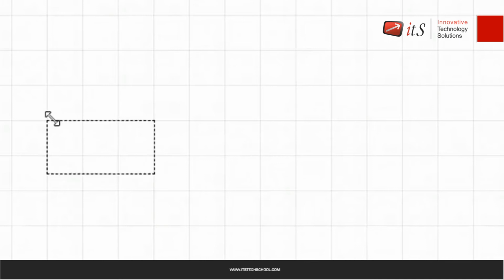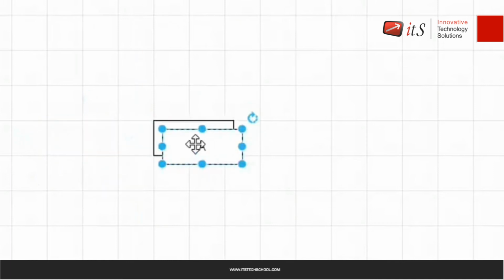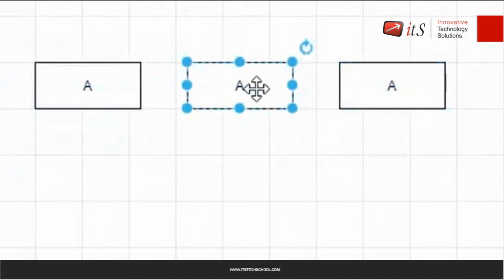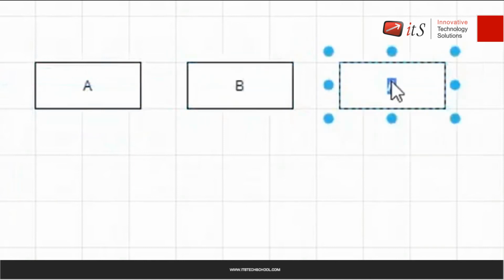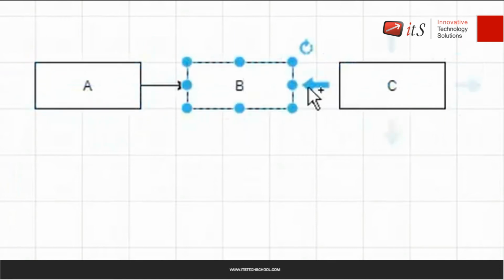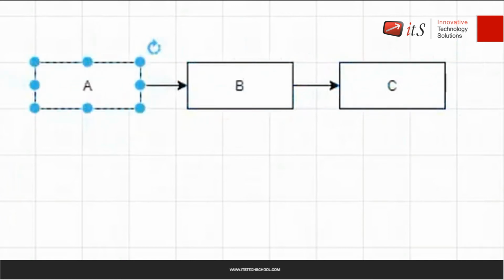Assume that this is my VPC A, then I have my VPC B, then I have my VPC C. If VPC A is connected to VPC B and VPC B is connected to VPC C, that doesn't mean A can directly connect to C. A can't directly connect to C if A is connected to B and B is connected to C, right?